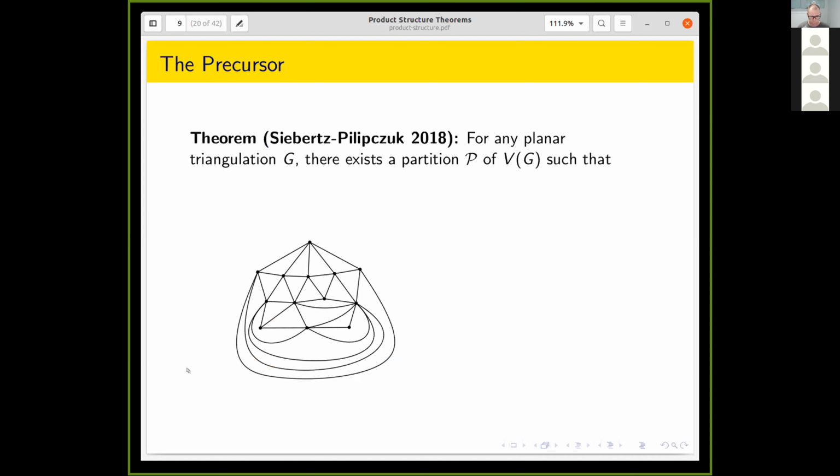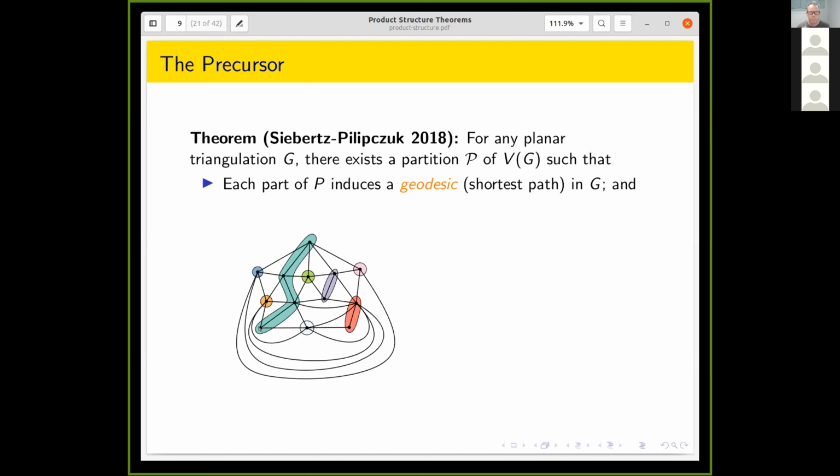So they showed that if you give me any triangulation, and for the kinds of problems that we're studying today, mostly having your planar graph be maximal planar, meaning that it's a triangulation, only makes the problems harder. They showed that you can partition the vertices of a triangulation into a collection of paths, and not just paths, but actual shortest paths.